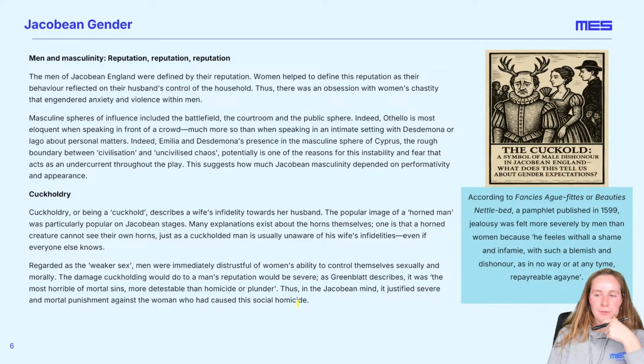So this idea of shame and infamy with jealousy, or with this threat to a reputation, as a blemish or dishonour that cannot be fixed ever, is irreparable.